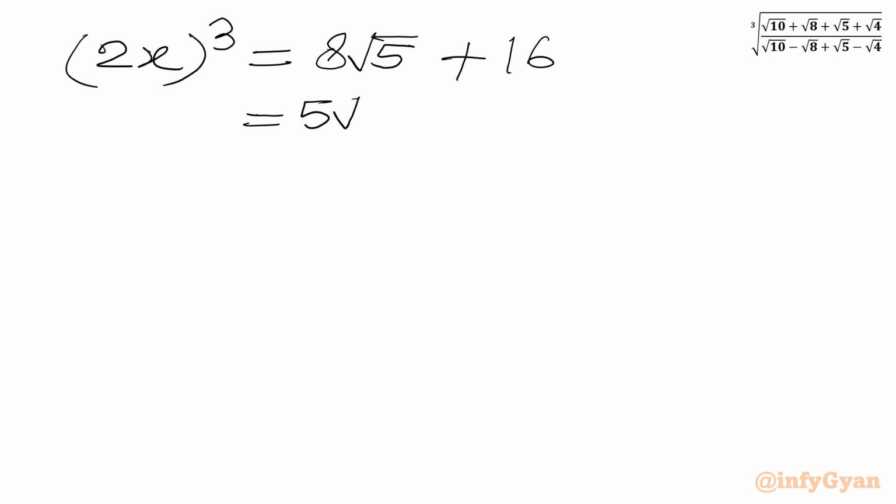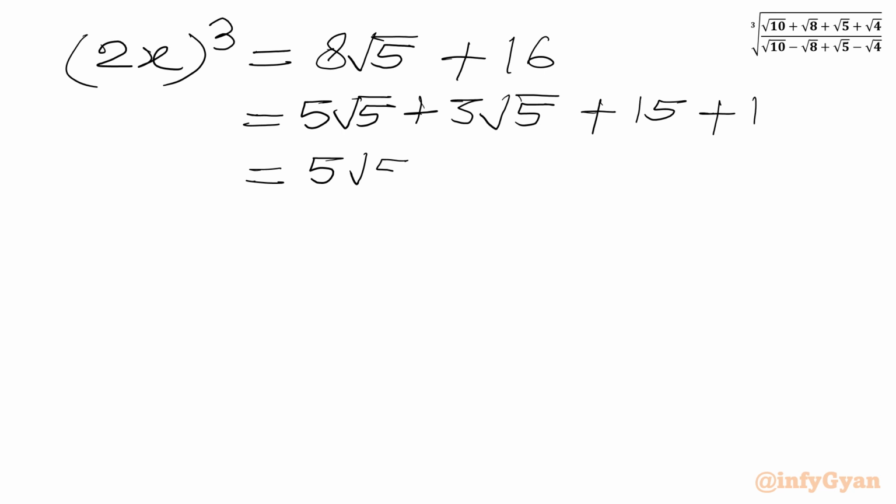So I can write 5 root 5 plus 3 root 5. 16 I can write 15 plus 1. Let's rearrange our RHS. I will write 5 root 5 plus 1, then I will write 3 root 5 and then I will be writing 15.